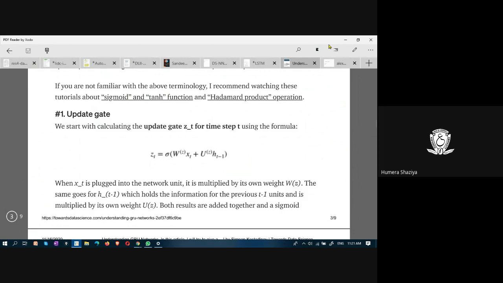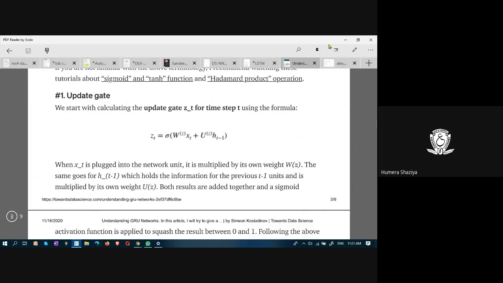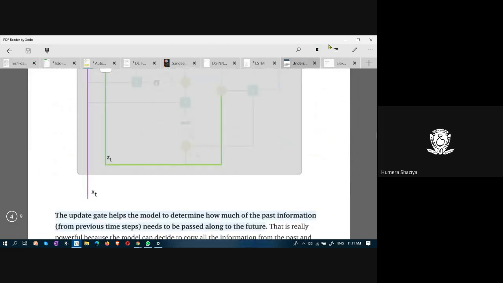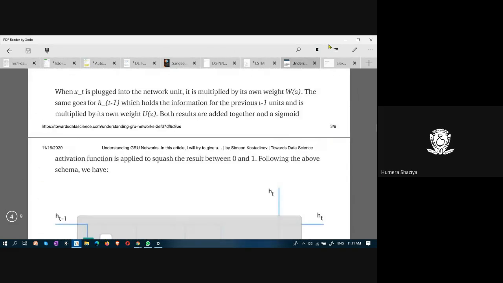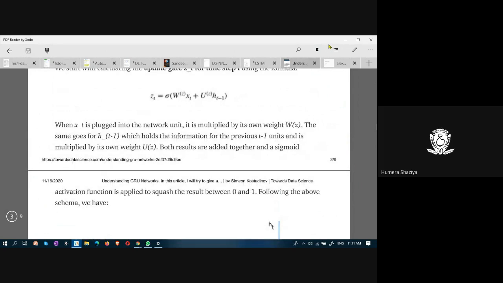You perform the sum operation and then take the sigmoid value, and that sigmoid value will give any value between 0 and 1. This is known as squashing the result between 0 and 1.